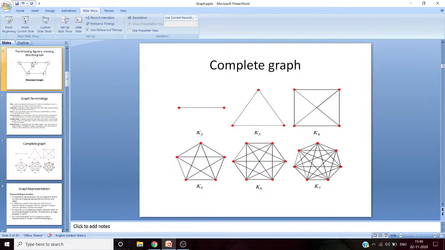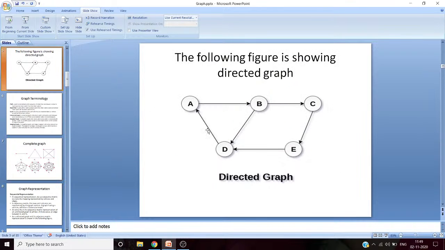Now, the closed path. What is a closed path? In a closed path, edges can be repeated. Suppose A, B, D, A, B. This edge and vertices are repeated. A and B are repeated twice. So, edges and vertices are repeated in a closed path, and if A, B, D, A, only a vertex is repeating, that is called a cycle.